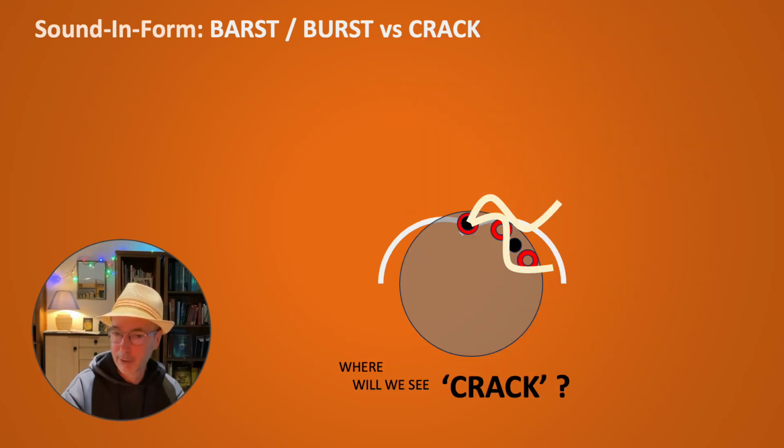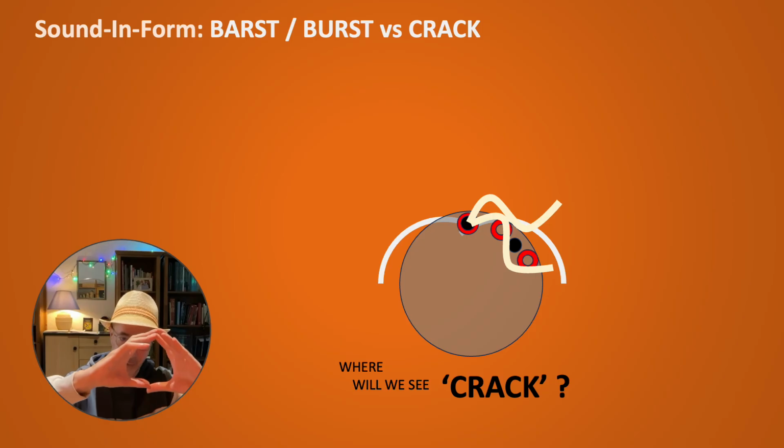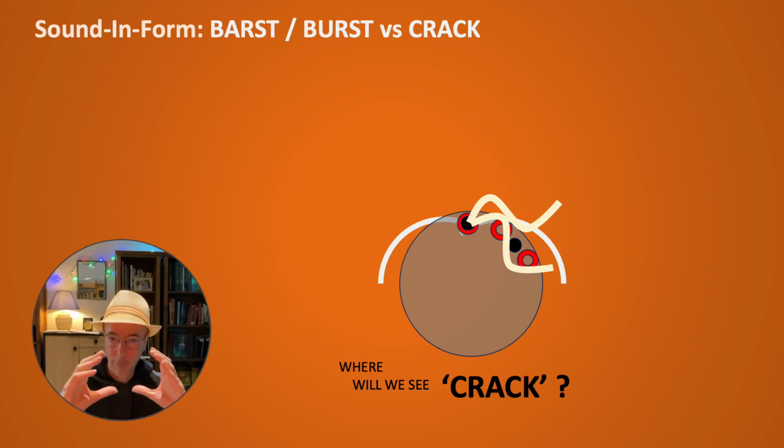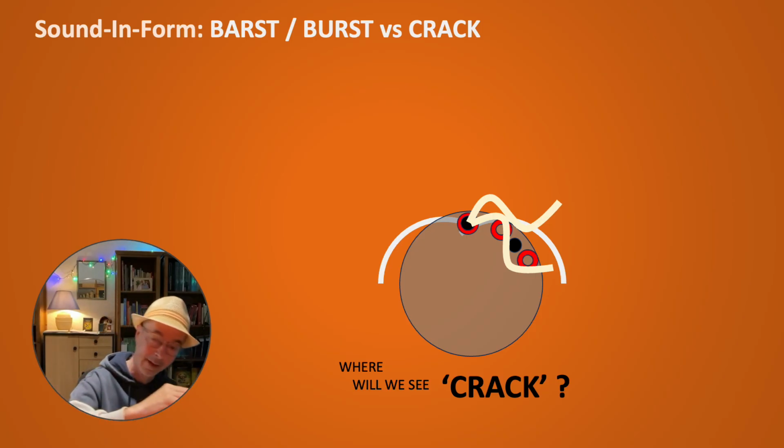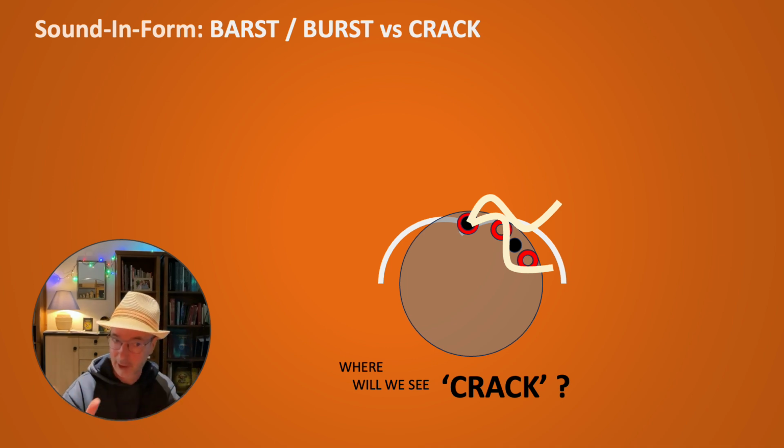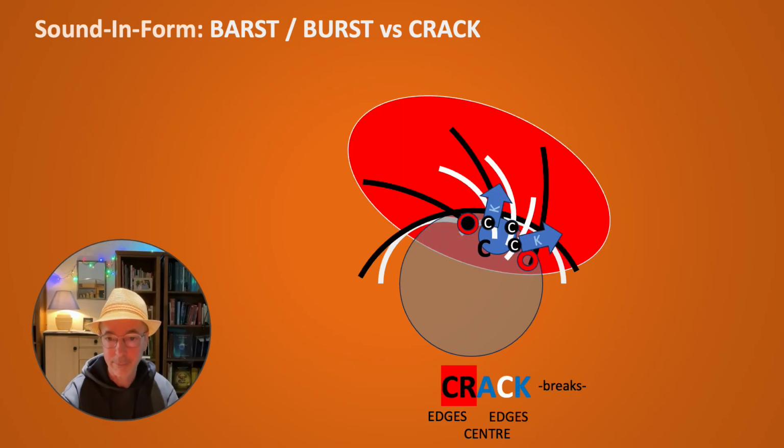The crack is a bit different. If we take the same focus of burst and BARST, where the A is the focus on the totality, the burst on where it starts to exist and is cracking open, the crack itself will also focus on the same area, but it will do it a bit differently.